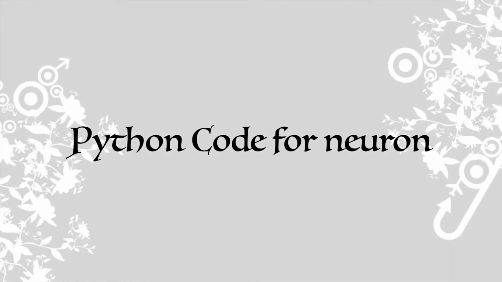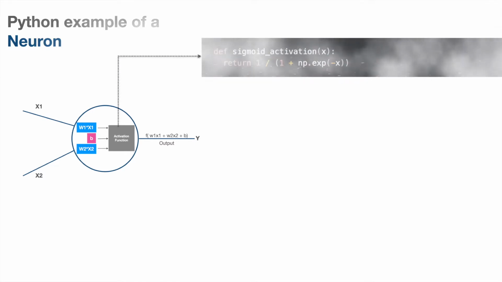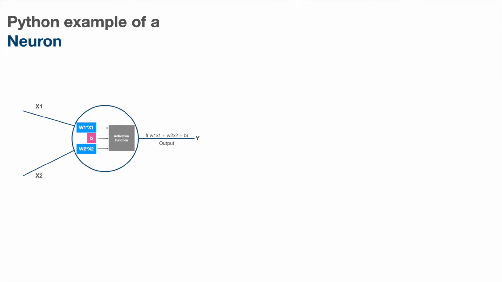Let's see how this neuron can be coded in Python. We'll first define a sigmoid function which takes one input. Sigmoid function is nothing but 1 divided by 1 plus e to the power of negative x. Neuron will call this function after it has calculated the weighted sum of inputs. Next, define a class to represent the neuron.